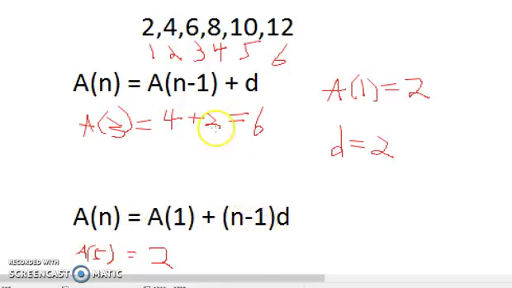You basically add 2 4 times, which is the same thing as doing all of this. So that's going to be 2 plus 4 times 2, which is 10. Okay, so that's the basic introduction.